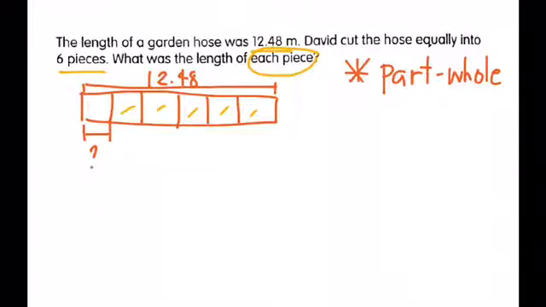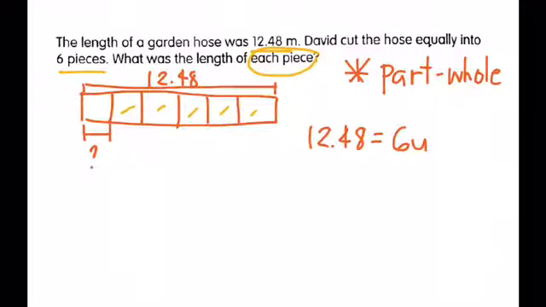What will be our plan or number sentence for this bar model? Given the word problem that we have, we are to divide. So this is a part whole word problem involving division. So what are we dividing? We know that 12.48 is equivalent to how many units? We have 6 units.